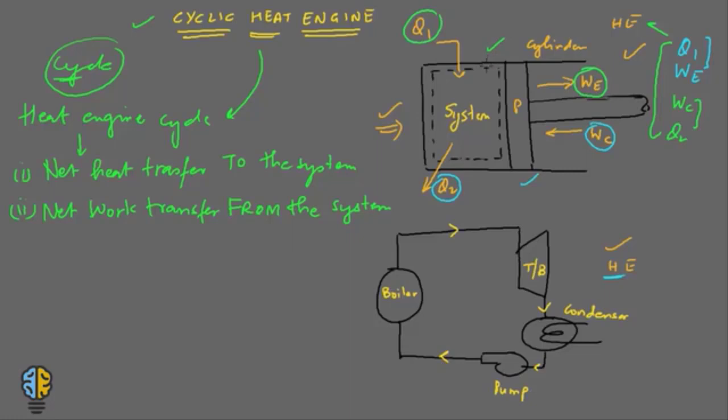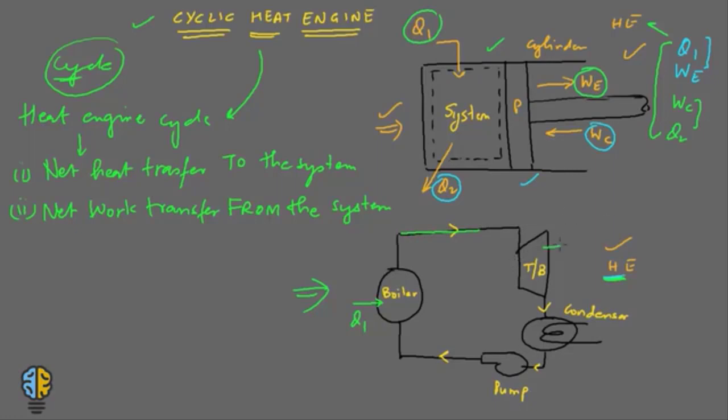Now if you talk about the heat engine depicted in this diagram, this is the boiler in which there is some input of heat. Let us say that input of heat is Q1, and you get the water vapors which flow through this pipeline into a turbine.